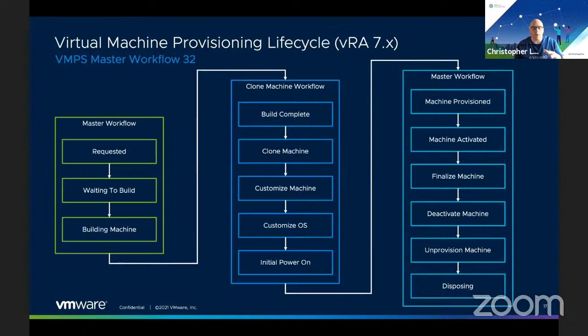And then when I'm cloning my VM template, there's some stages in that clone process where again I can call out to third-party systems. And once those machines have been cloned, and there could be multiple machines, it goes through this machine provisioned, I've activated it, I've finalized the machine. And then when I want to destroy the machine, I then go to the deactivate, the unprovisioned and disposing machine.